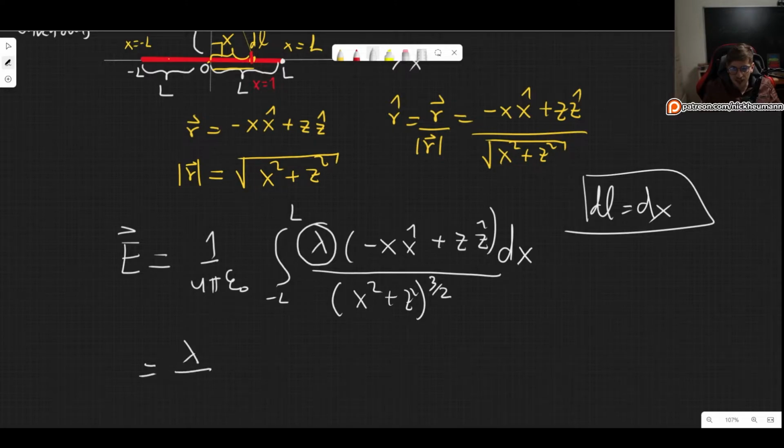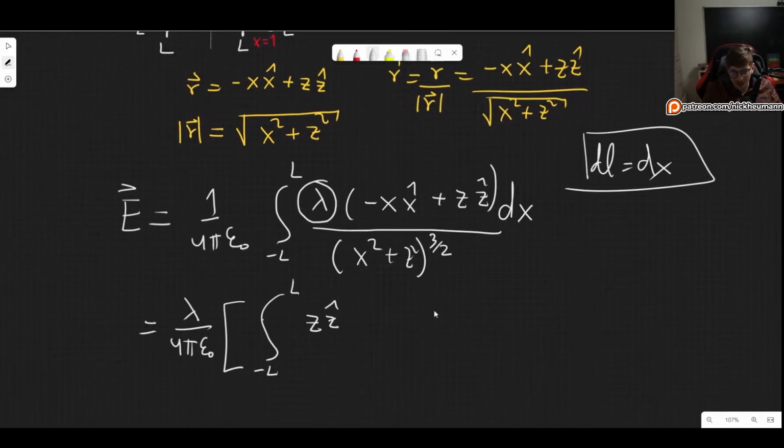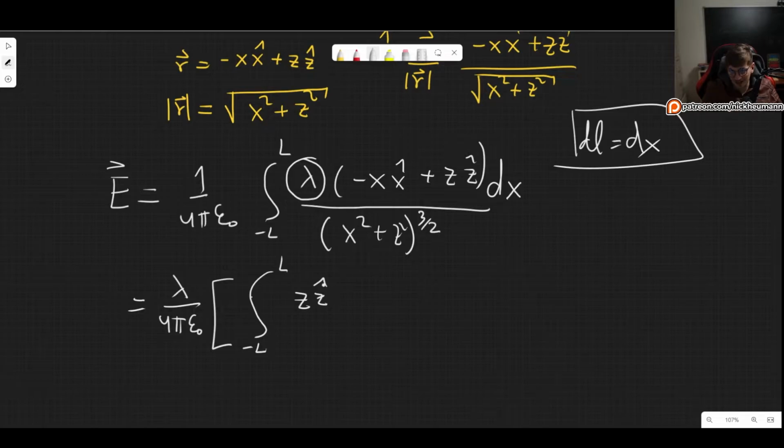So we have lambda over 4 pi epsilon 0. And then we can separate our integral, right? We have one part here and one part here. Now, I'd like to put my positive part first, which is why I will write this as the integral from minus L to L of z hat. Of course, it doesn't matter at all. I just like doing it this way.